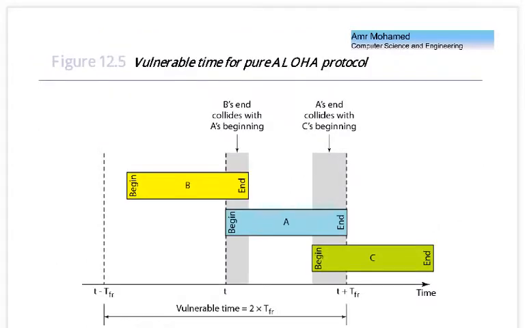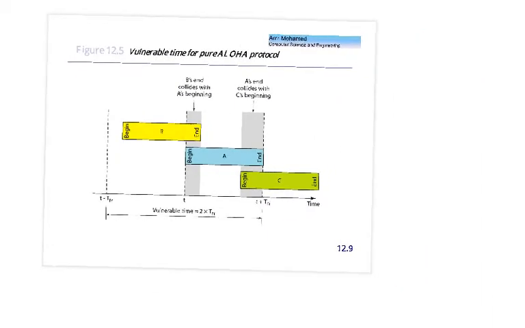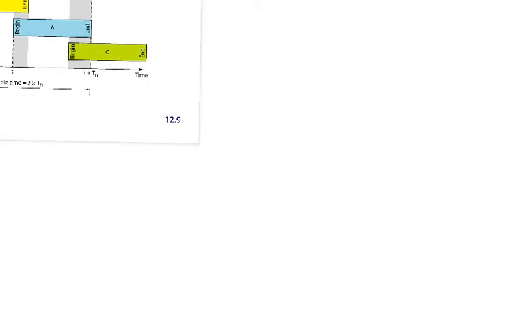The vulnerable time is a very important parameter for the pure Aloha network. To calculate it, we imagine that we have a node A which is trying to send a frame, and we can assume that the frame size is fixed for all the nodes.